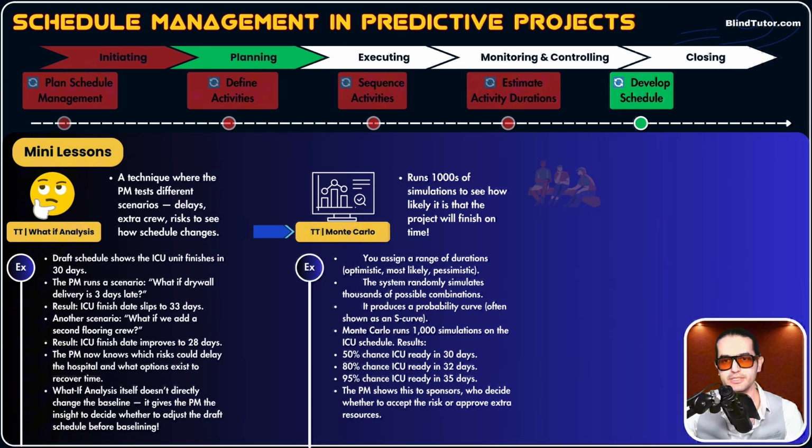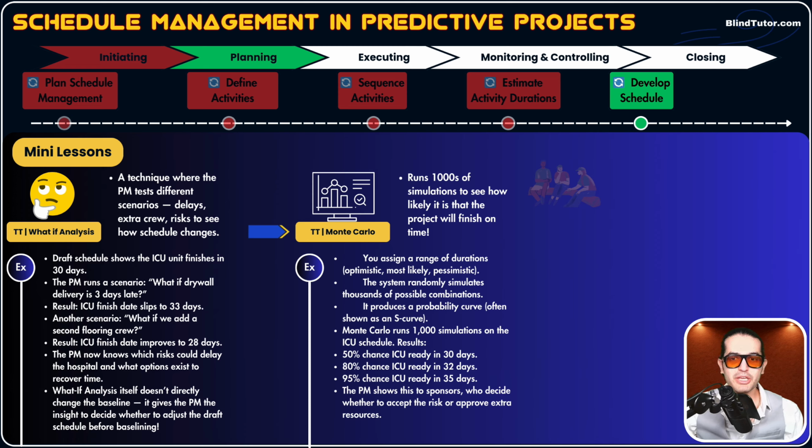I didn't include it here, but consider it like a probability distribution. For example, our Monte Carlo will run 10,000 simulations on the ICU schedule. The results will show that there is a 50% chance the ICU is ready in 30 days, 80% chance the ICU is ready in 32 days, 95% chance the ICU is ready in 35 days.